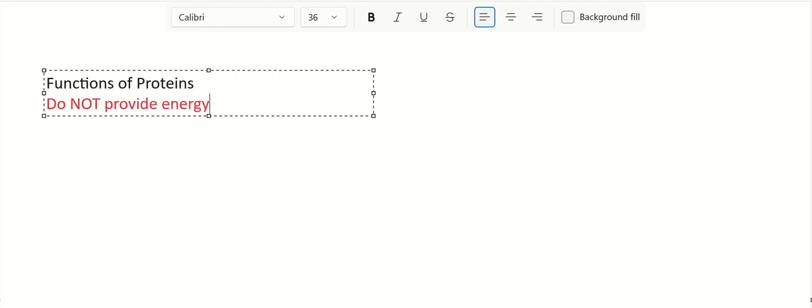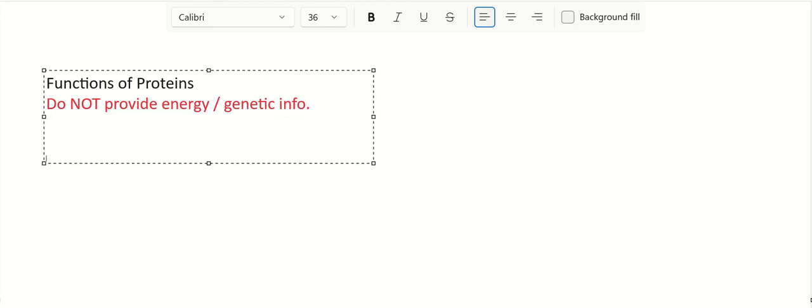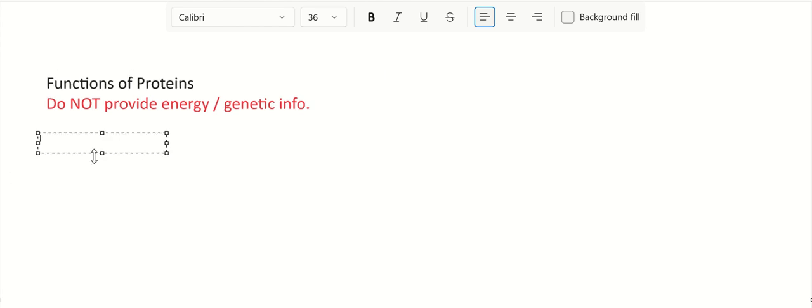They're not a source of energy, all right, or genetic information. That's about it, but they do almost everything else. So here's some good things to write down. When you're asked about the functions of proteins, here's a really good one. Good answers right here.